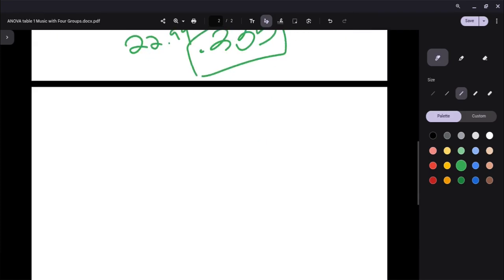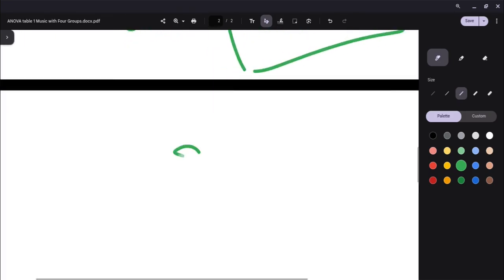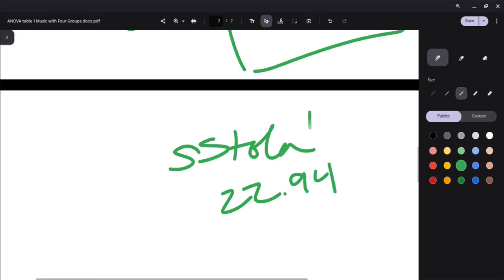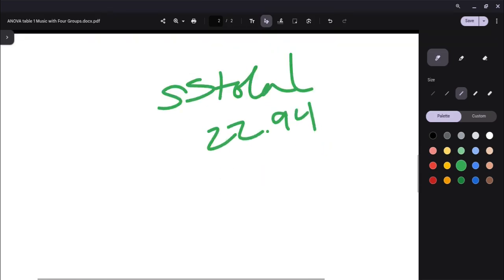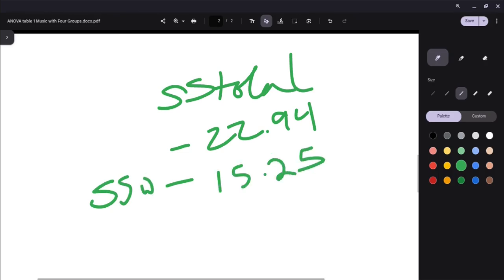Okay, a lot of work we just did, right? But basically, here are our answers. SS total, 22.94. SS within, 15.25. SS between is 7.69.